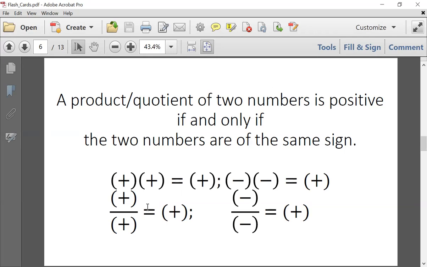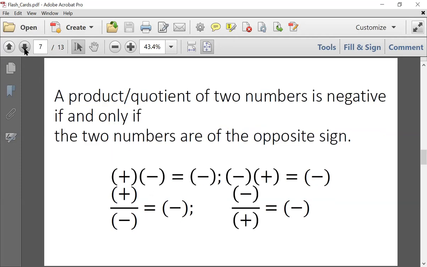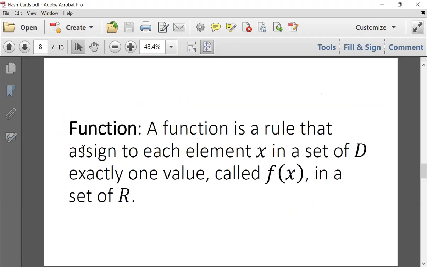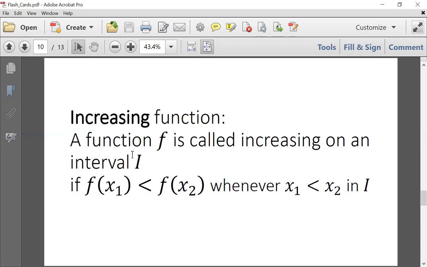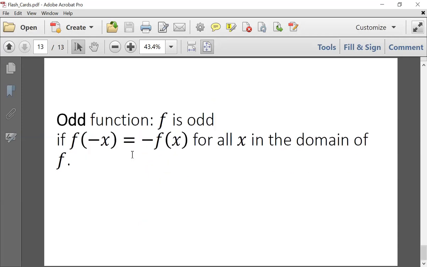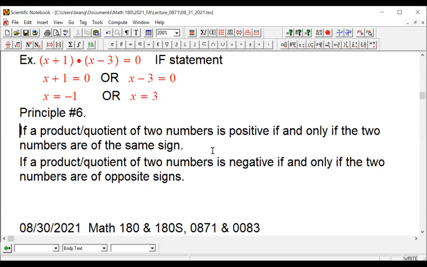You can see there are more slides in the cards I sent you, and you can take your time to put those in your cards after class, and we will be addressing those definitions in the future. All right, let me go back to our board.